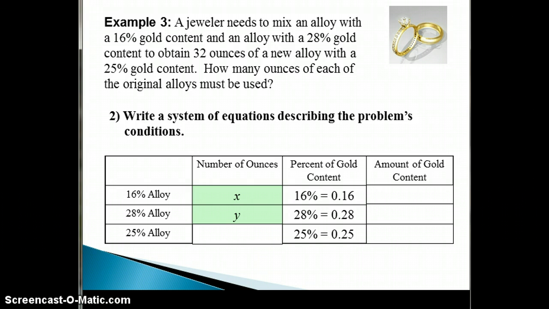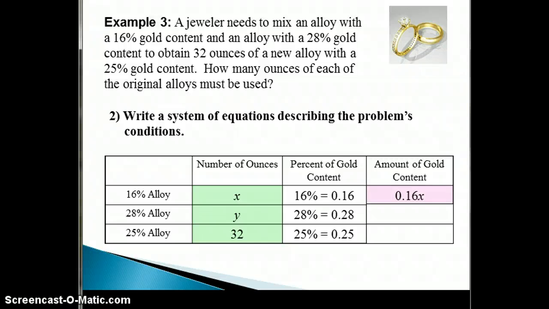And in the problem, it tells us that there's 32 ounces of the 25% alloy, which is the mixture. And when it says an alloy has 16% gold content, this means that 16% of that alloy is gold.